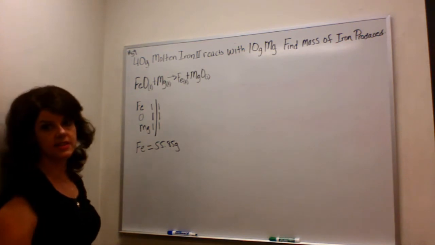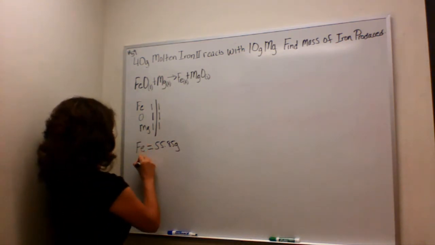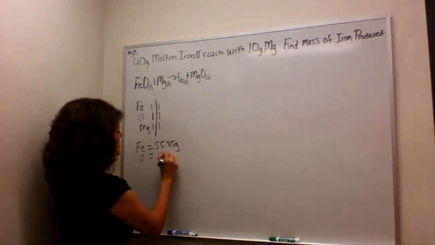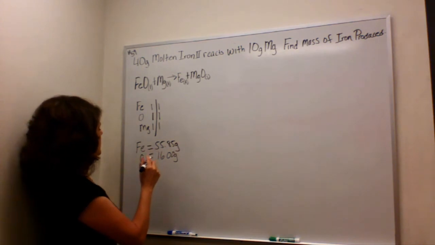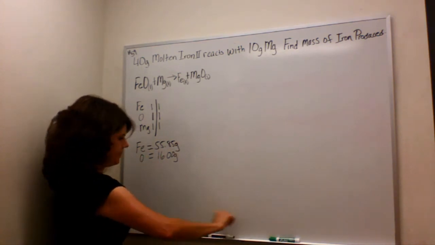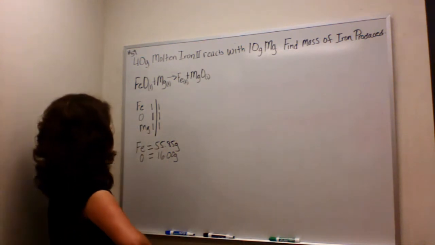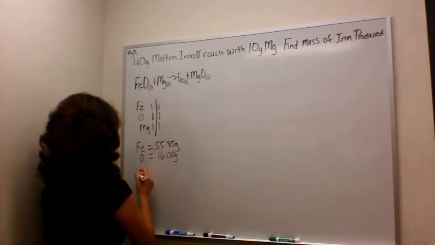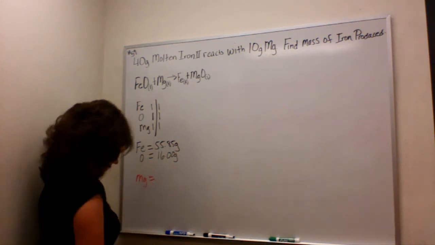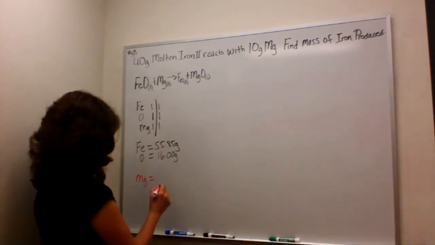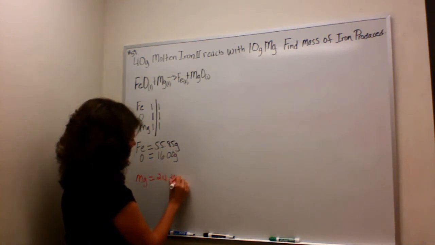Next, we're going to find the mass of oxygen, which is equivalent to 16 grams. And next, we're going to determine the grams of magnesium, which is equivalent to 24.36 grams.